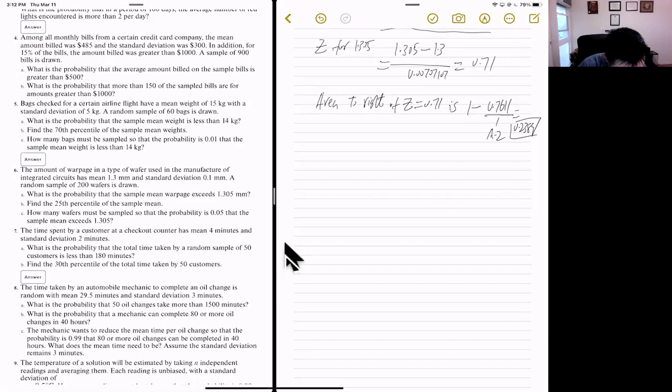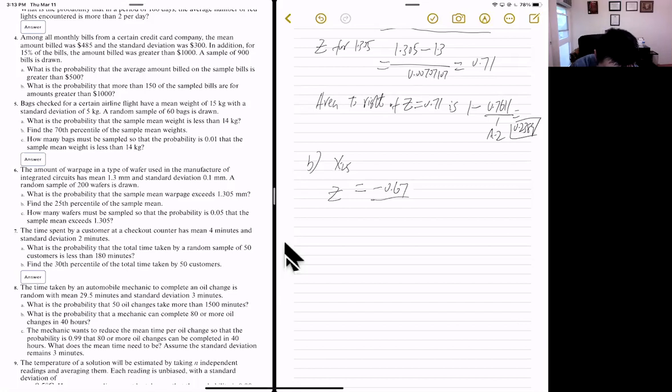Part B, find the 25th percentile of the sample mean. Again, same idea. For the 25th percentile, let's call that x25. So the z-score for the 25th percentile is minus 0.67. How to do that? Go to table 8.2, look for the z-score corresponding to 0.2500. The closest you can find, that's the z-score, so that is minus 0.67.